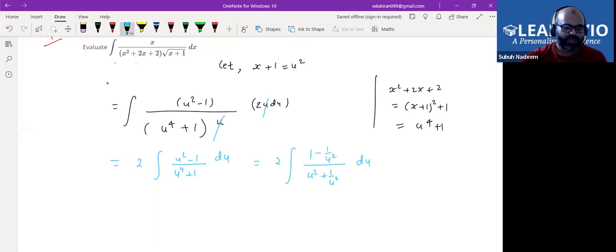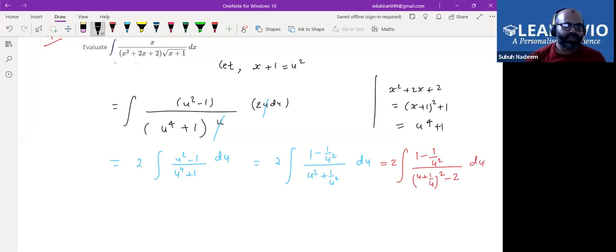So it will happen like this till here. Now after doing this, we can do one thing. We can write it like this, that this is u plus 1 by u whole square. This will give you u square plus 1 by u square plus 2. So we'll subtract 2 also, du.